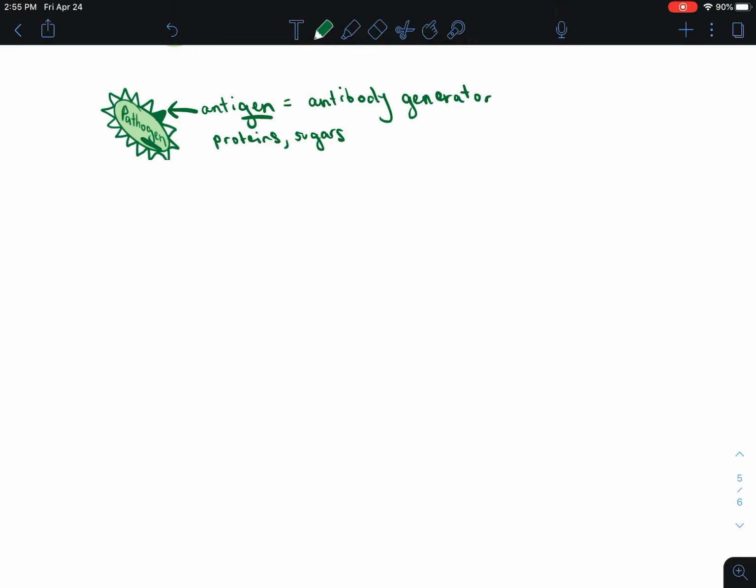Or it could also be reacting, of course, if it's a pathogen. That's what your immune system is going to look at and say, this is not something I recognize. This is something brand new, this antigen, and so I should destroy it. It's not supposed to be in the body.